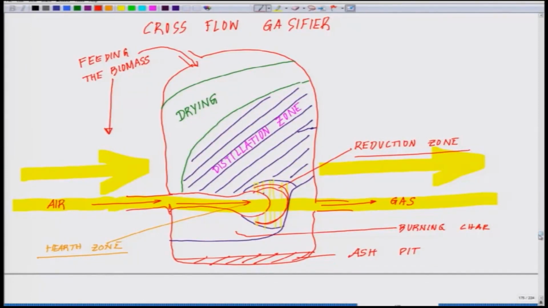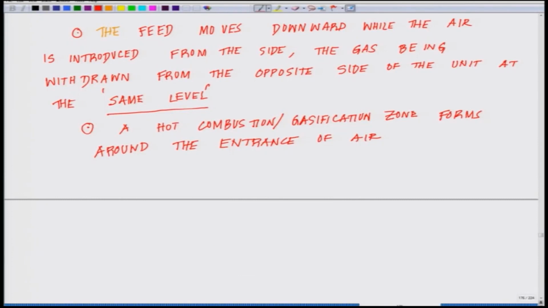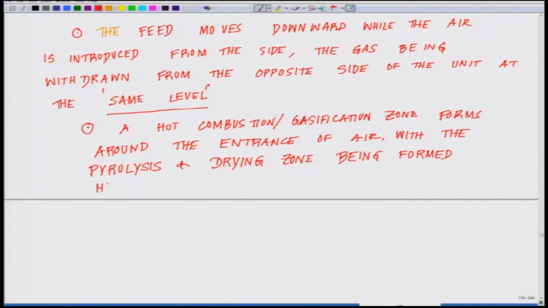The reduction zone. Okay. So, at the entrance of air, with the pyrolysis and drying zone being formed higher in the vessel, that also you can verify by looking at the picture.